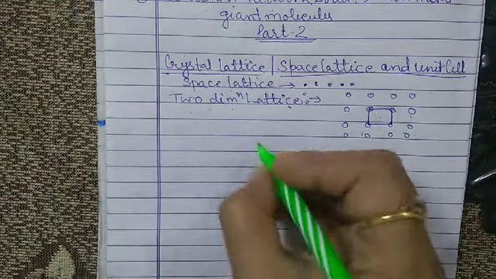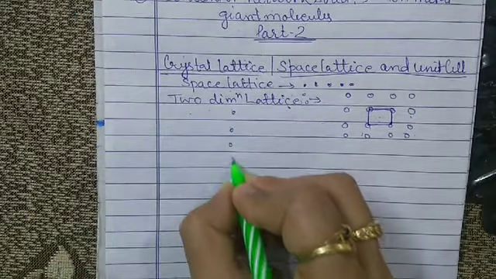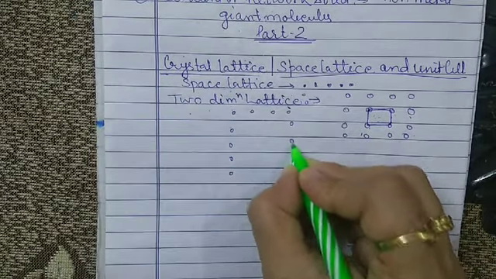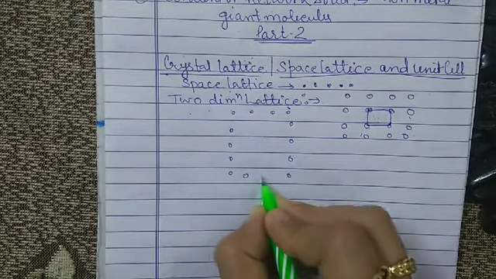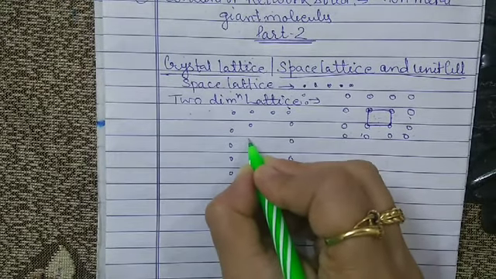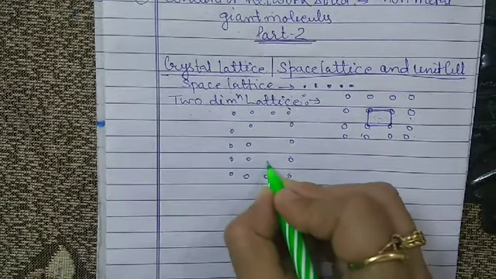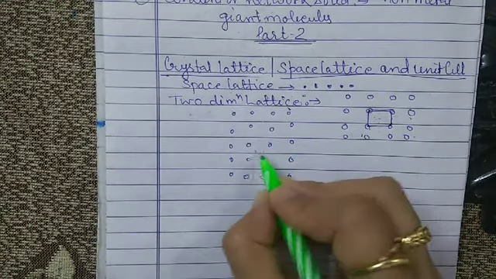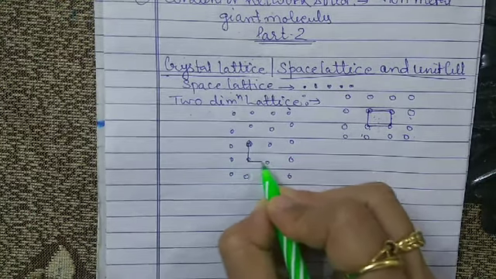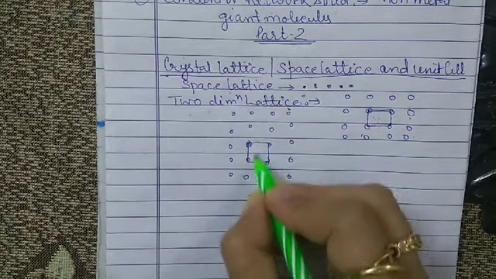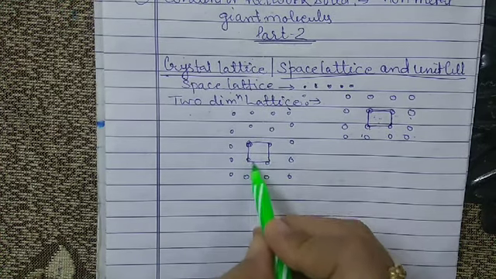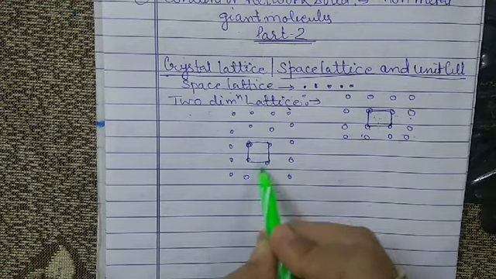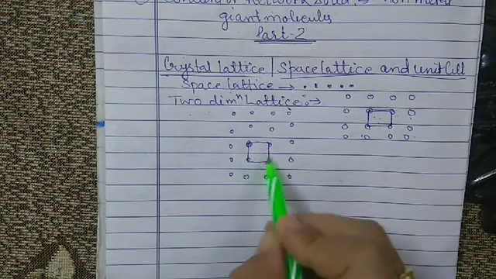Now let us take another case. For example, we have a rectangular lattice. This is a rectangular lattice, and this small part which we keep with the help of the line is a unit cell.